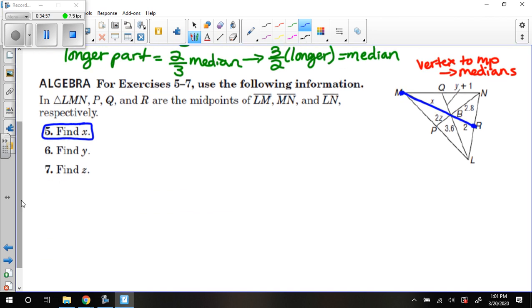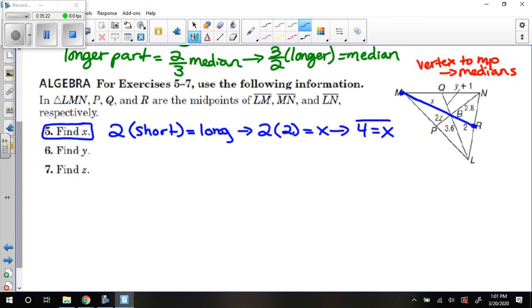So my equation here is going to be 2 times the short piece will equal the long piece. The short piece is 2, so this turns into 2 times 2 equals the long piece, x. So 4 equals x.